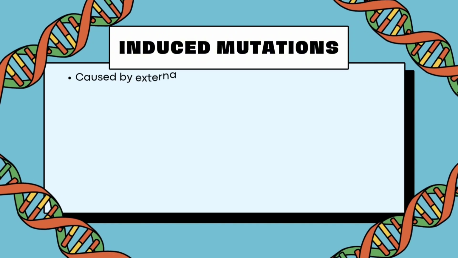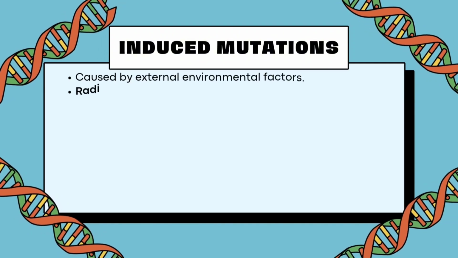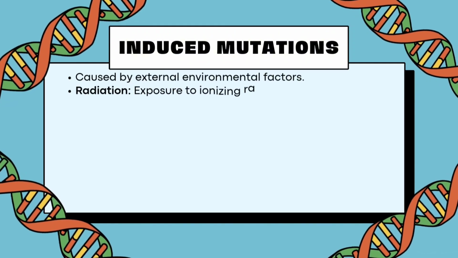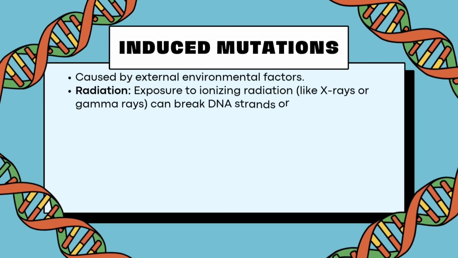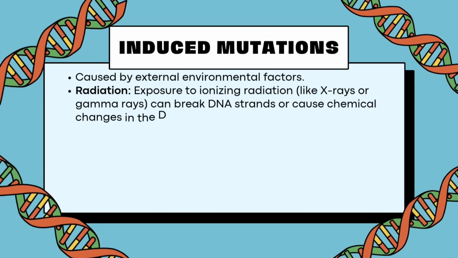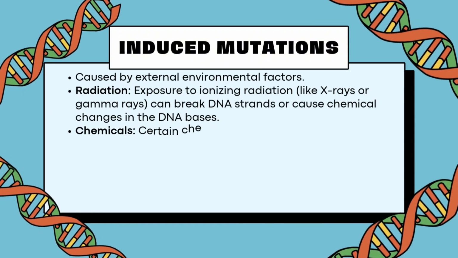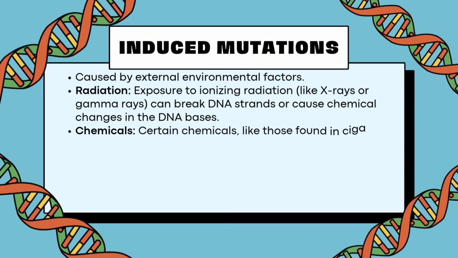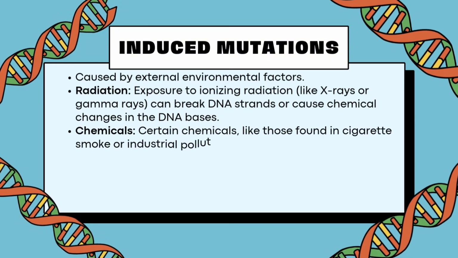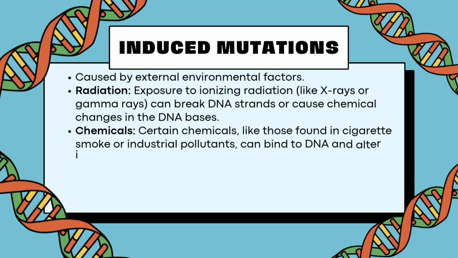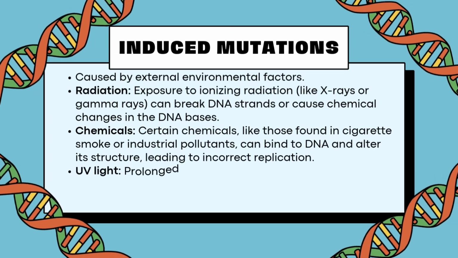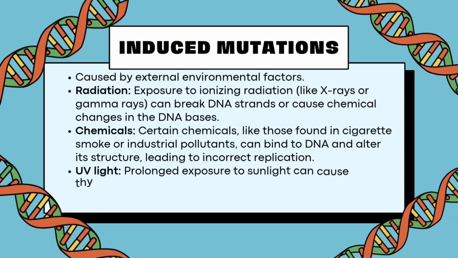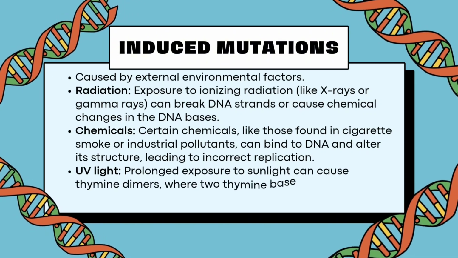Next, we have induced mutations, which are caused by external environmental factors. One well-known cause is radiation. For example, exposure to ionizing radiation like X-rays or gamma rays can physically break DNA strands or cause chemical modifications in the DNA bases. Another major factor is chemical exposure.